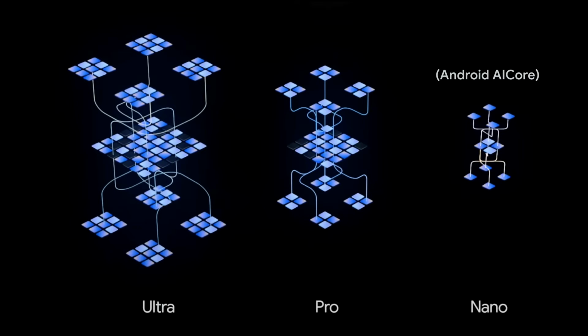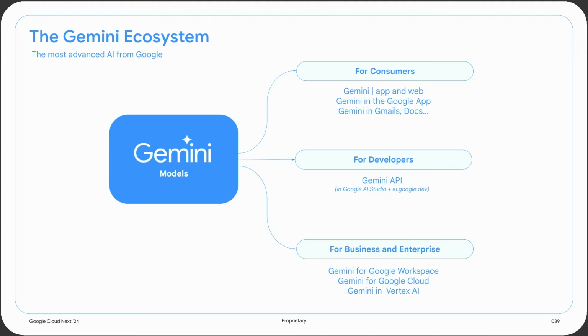Ultra, the most capable and largest model for the more complex tasks. Pro, the best model for scaling across a wide range of tasks. And Nano, the most efficient model for on-device tasks, which is available through Android AICore. The Gemini ecosystem really has a flavor for everyone, depending on the type of problems that you're trying to solve.